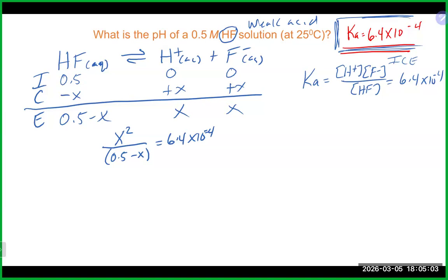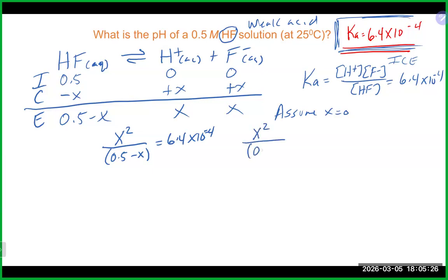because again, the Ka value here is a small value. It is less than 1. So we can attempt the assumption here. Remember that you could only do the assumption if your K value is considered small, which is less than 1. So here I'm going to assume that x is equal to 0. Also a reminder that you can't get rid of all the x's or you got nothing to solve for.